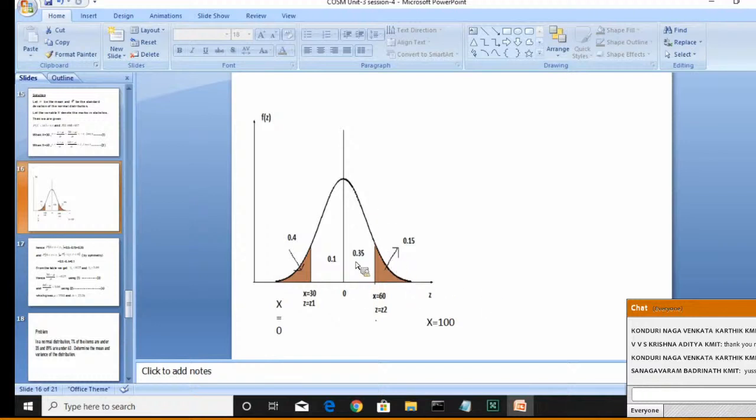Now we are talking about the inside portion. Any idea? 0 to Z1 I wrote. Actually it is negative, but because of the symmetry we can take it as positive. Is it clear?